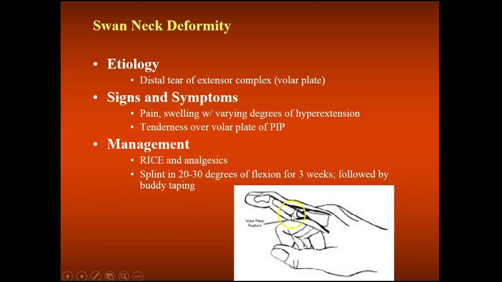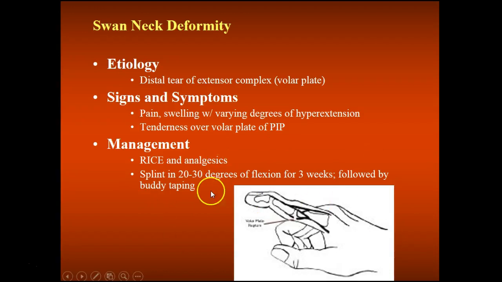And so this becomes an injury that we absolutely have to treat. And it's usually resolvable by itself. In other words, we're not going to need surgical intervention to repair this if we splint it correctly. So number one, we're always going to RICE everything pretty much. Analgesics means pain medication, so Tylenol, ibuprofen.